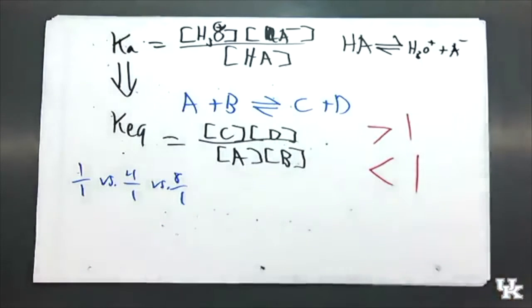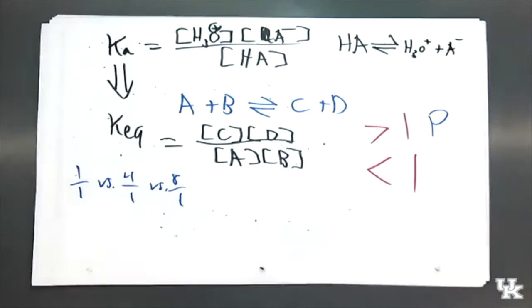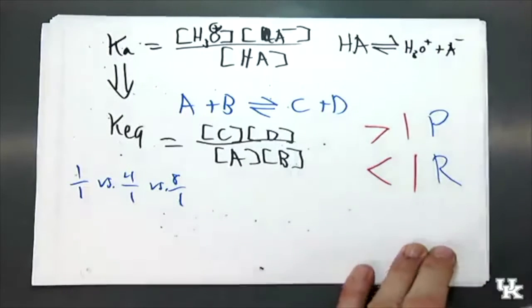If KEQ is greater than 1, what's favored? Products, there we go. All right. If KEQ is greater than 1, products are favored. And if KEQ is less than 1, reactants are favored.